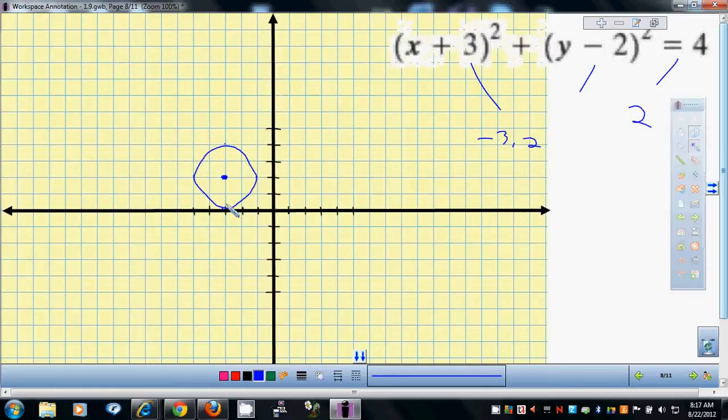Remember, it's the square root of that number. Yeah. Good question. Remember, this is r squared, not r. So you have to take the square root of it every time. Good question. Any other questions? No.